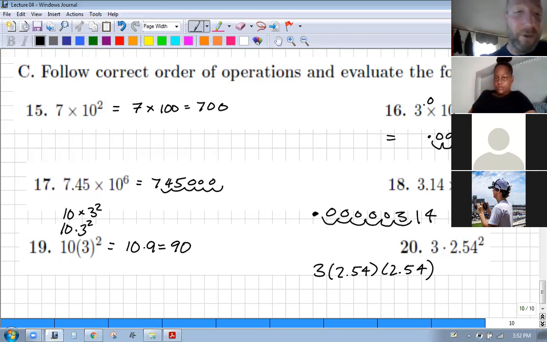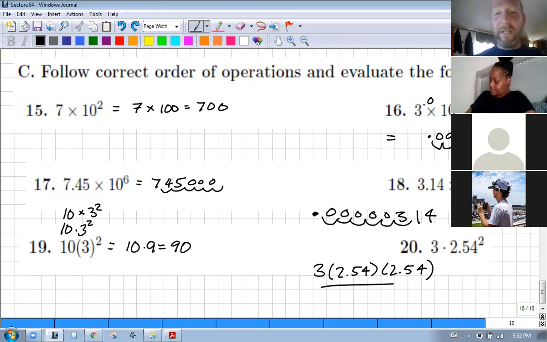The key is you do the exponents before you do the multiplication. So you're just working with E and M. Yeah, I'd have to think about it to make sure that that's always the case. But typically, if it's in parentheses, you have to do what's in the parentheses first.